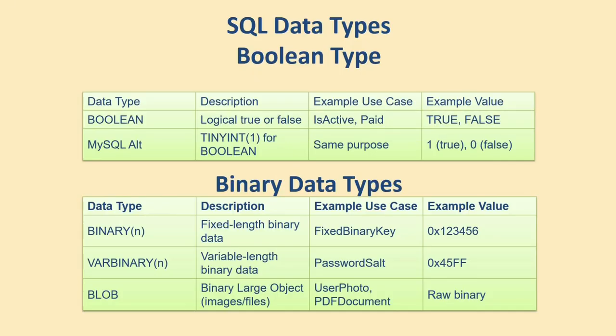And blob binary for large objects like images or files, user photo, PDF document. And we can say these are raw binary variables. Okay.